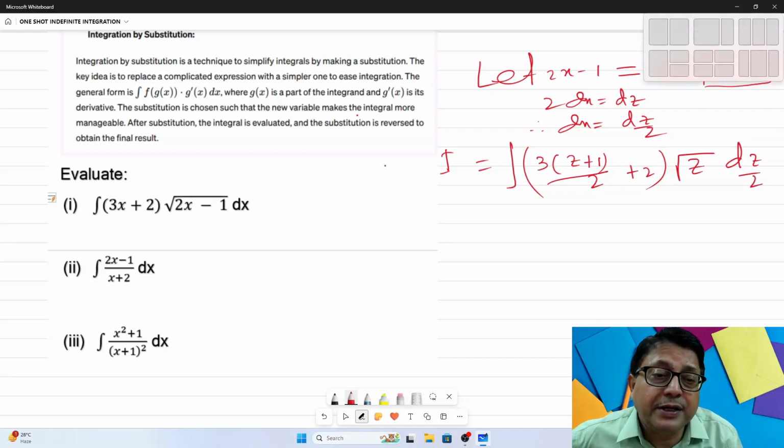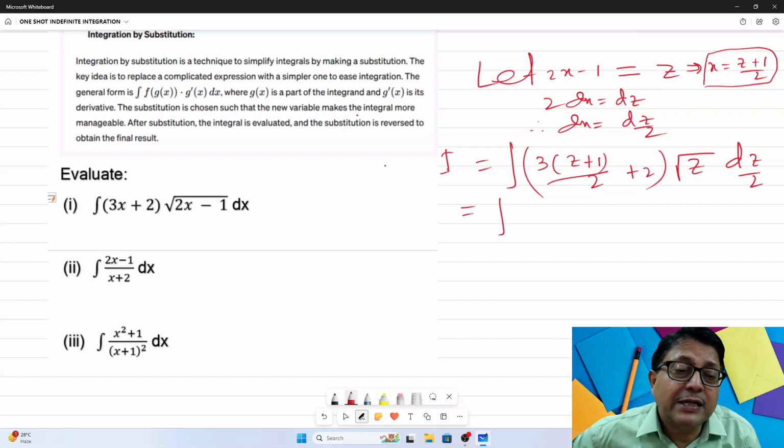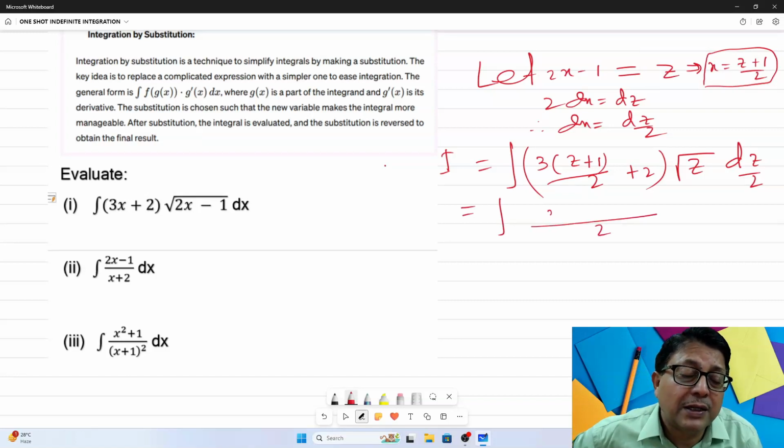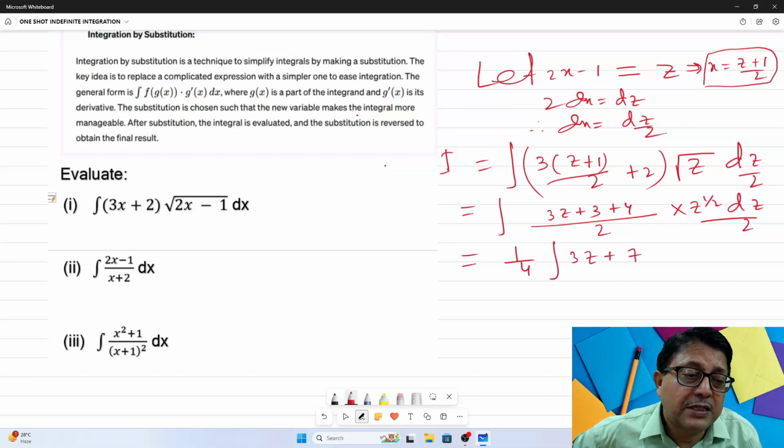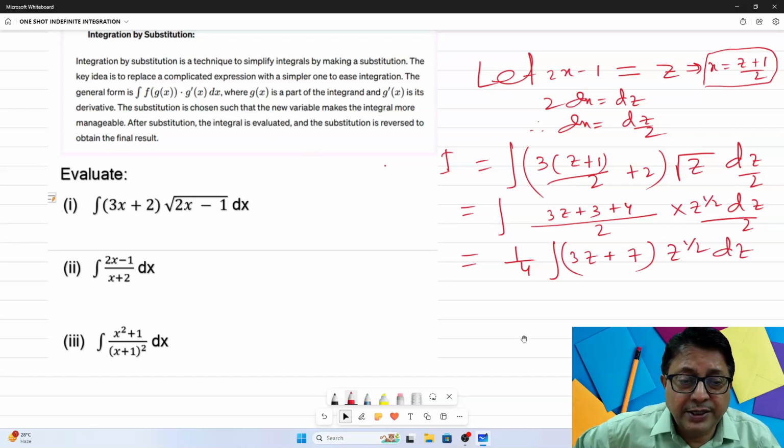Now we can integrate easily. You just take the LCM. 2 is the LCM here. 3z plus 3 plus 4, z to the power half, dz by 2. So there it will be 1 by 4, 3z plus 7, z to the power half dz. Alright.